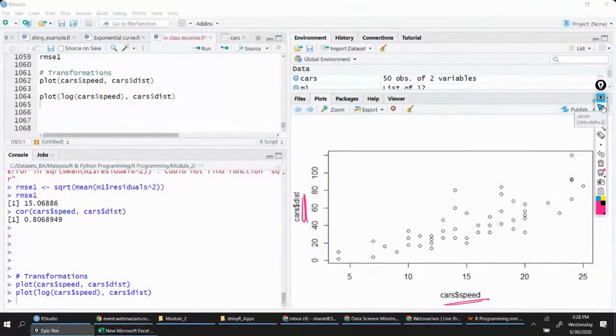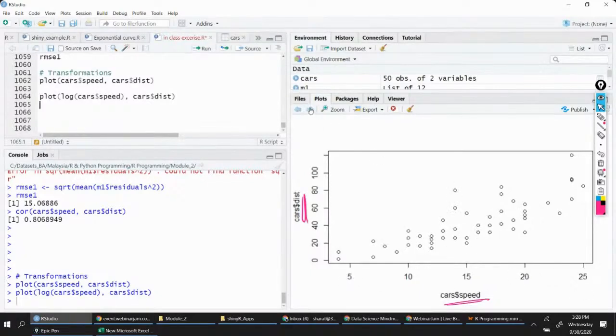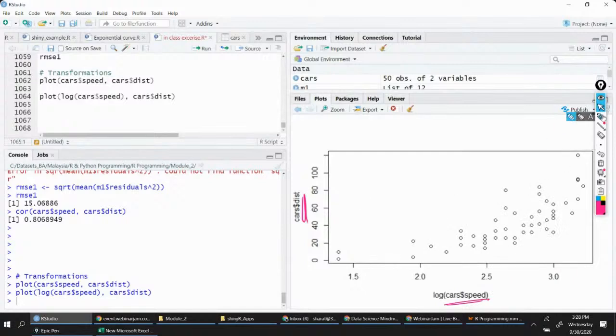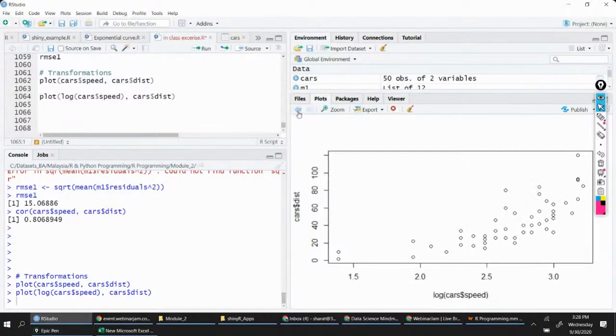Now when I applied the transformation, it became log of cars, the magnitude altered. You can observe that magnitude on the x-axis is changing. The objective is to make sure that the data scatter becomes less. But this transformation is not actually helping us in a good deal.